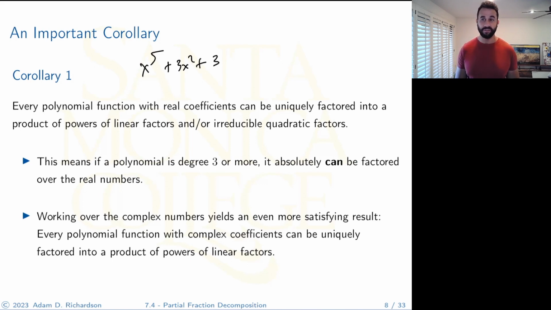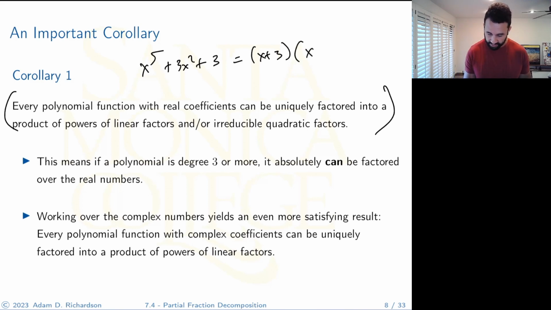The zeros of the polynomial might be gross. They might be complicated irrational numbers, but yes, it can be factored. Moreover, the corollary is saying that when you factor it, you'll end up with linear factors, ax plus b, things like x plus 3 or 3x plus 1, or irreducible quadratic factors, like this one, for example.